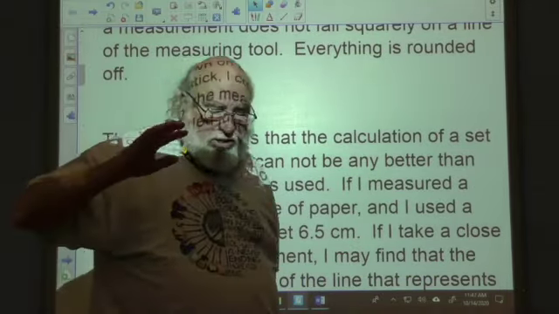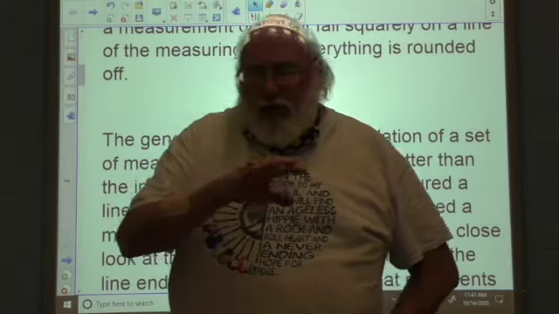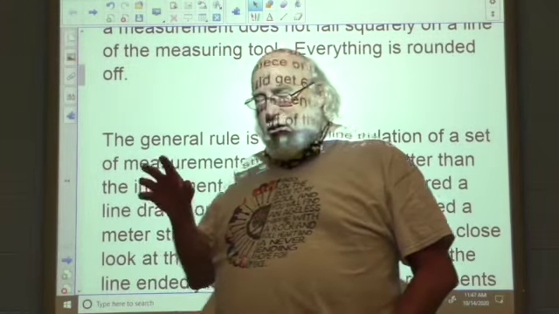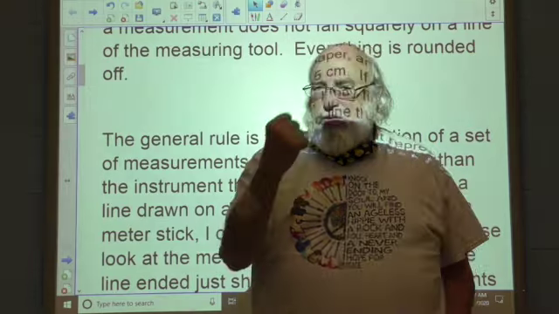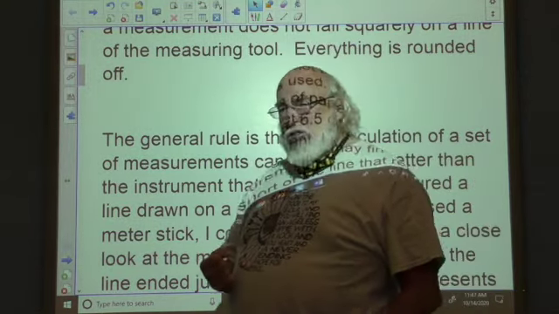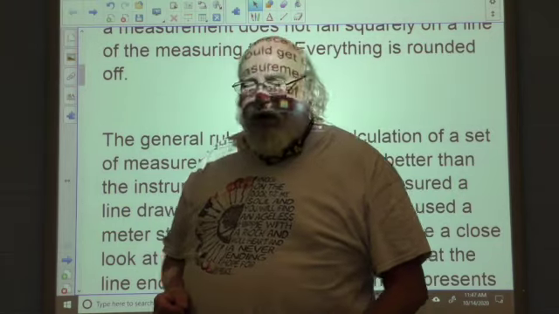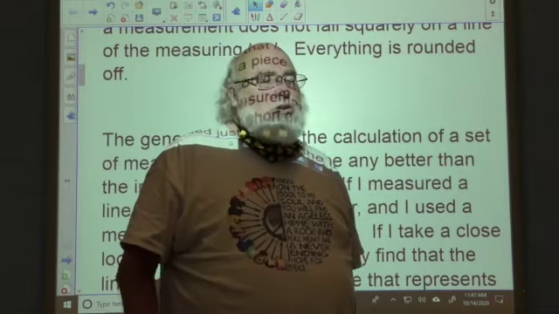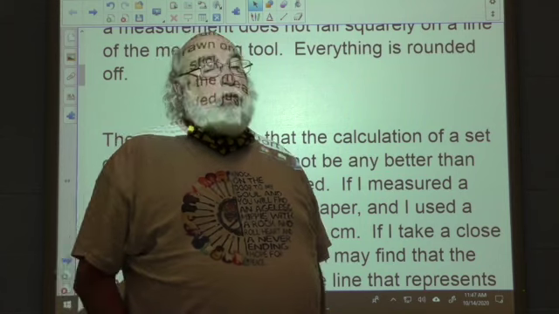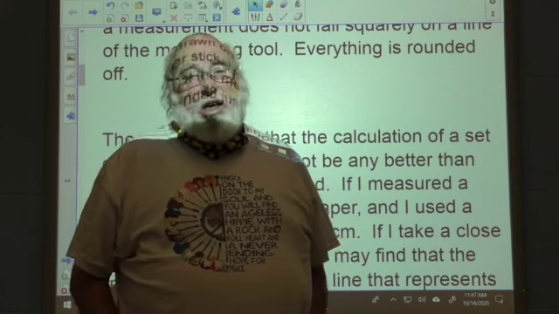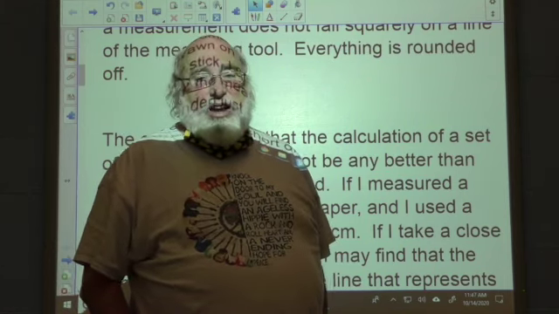No number is exact. If it's been measured, no number is exact. Now, granted, the definition of a foot is 12 inches, exactly 12 inches. But if you have a ruler and you were to find 12 inches on there, you definitely will not have exactly 12 inches on there. It may be slightly off.